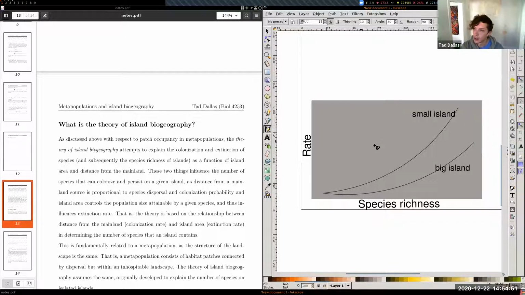So this is the distance effect. Now this is immigration rate or colonization rate. Consider immigration rate, that's how it's traditionally thought of. And we can draw maybe two of these, because three seems too difficult for me to figure out.